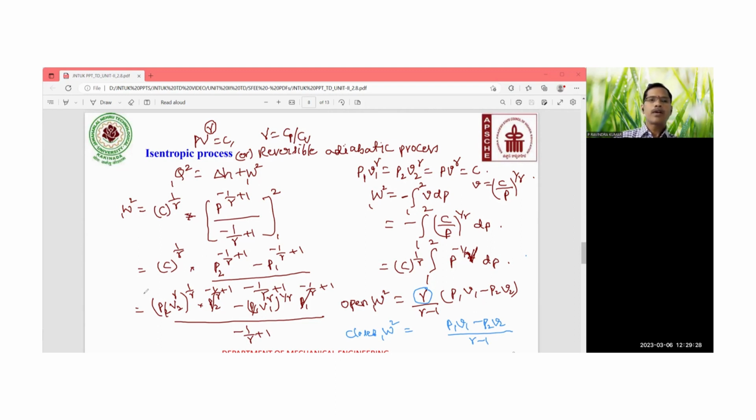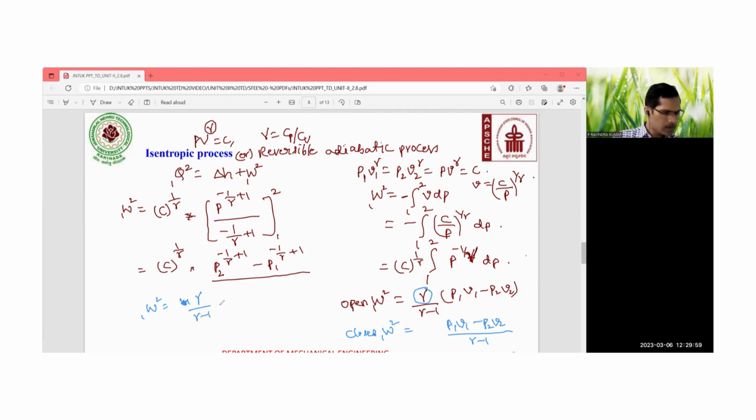Let me erase some portion here. As we all know, in terms of temperature, W1 to 2 is gamma by gamma minus 1 into MR T1 minus T2, right?